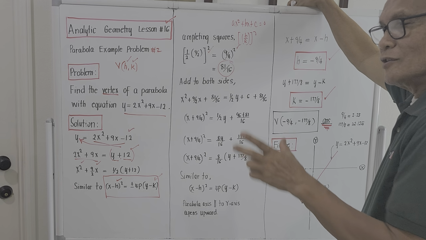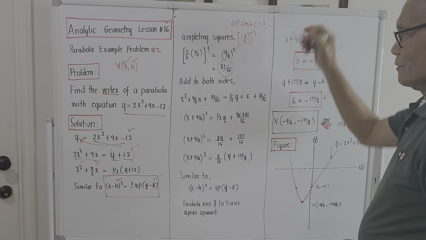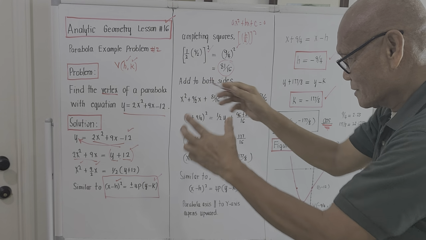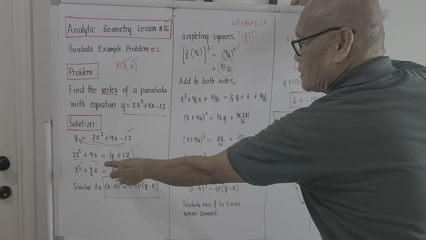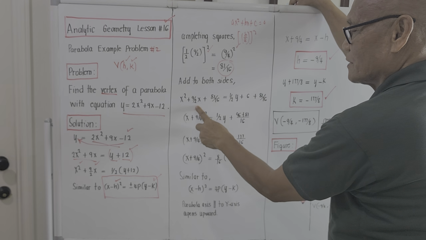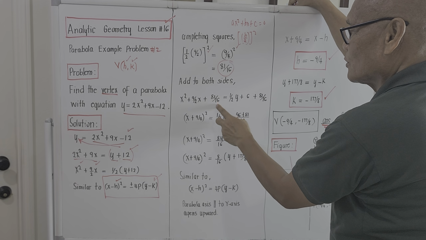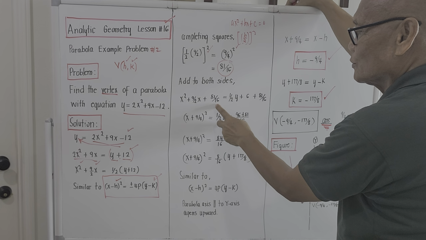It is factorable to a binomial. So we will add that 81/16 to both sides. So this will become x squared plus 9/2 x plus the computed value 81/16, which emanates from this one, equal to.